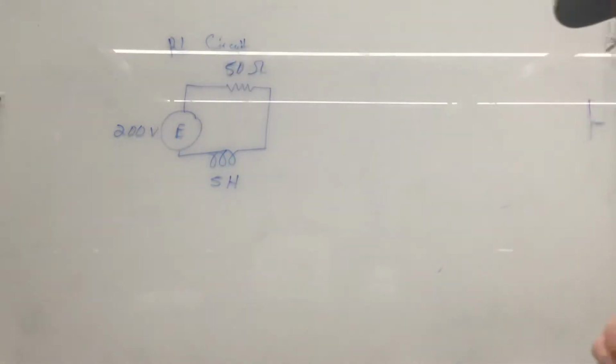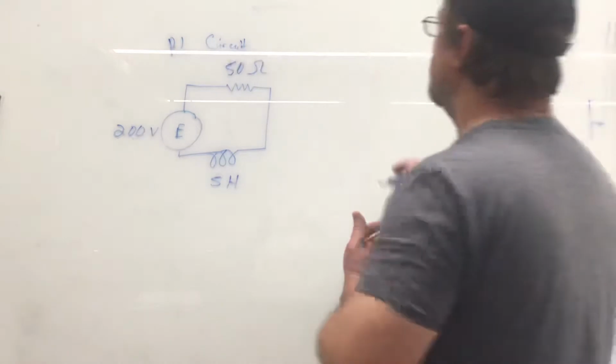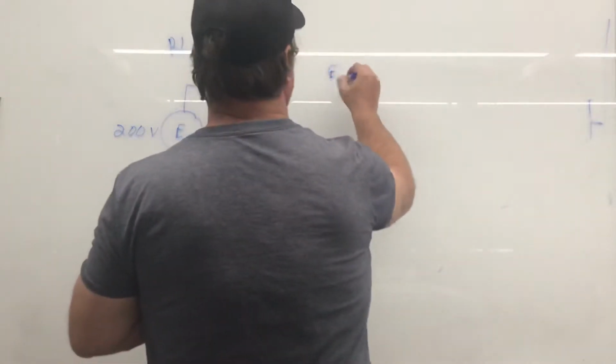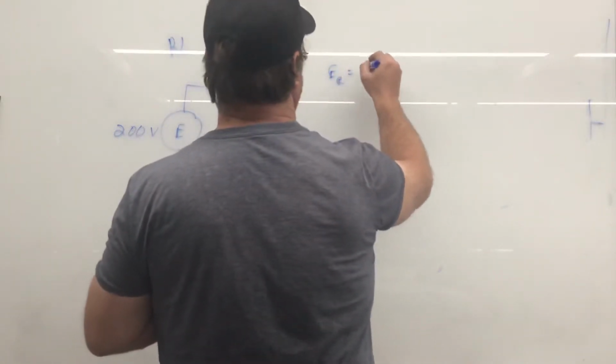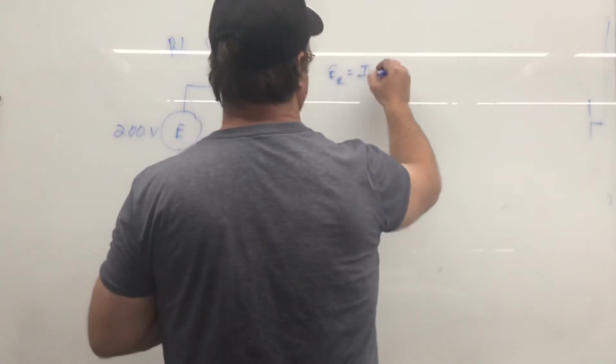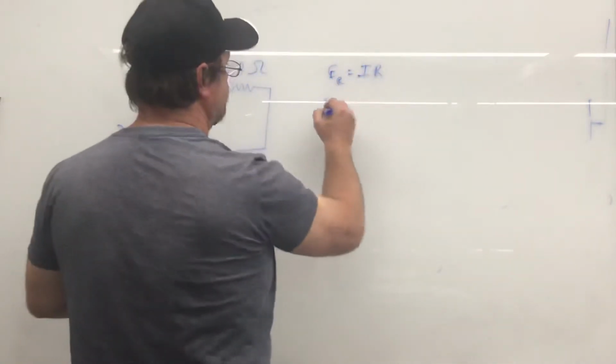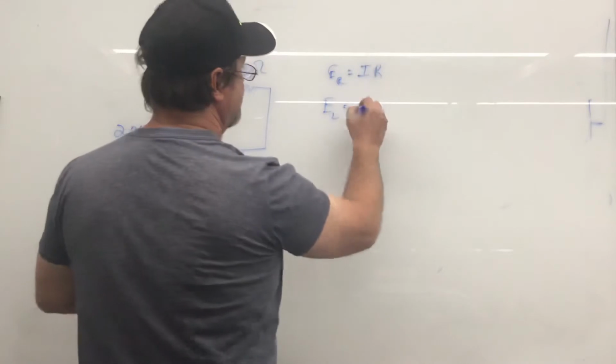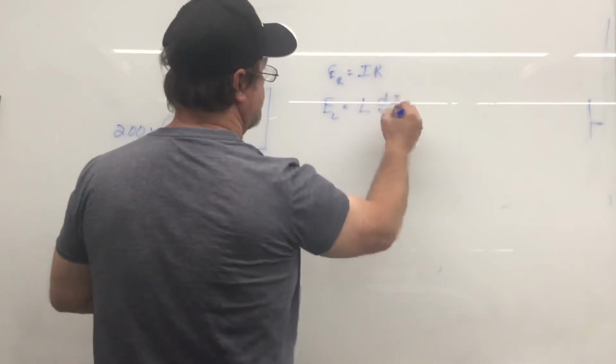Out of those three terms that I could get for voltage, I've got resistive voltage, which is current multiplied by resistance. And I've got inductive voltage, which is inductance and dI/dt.